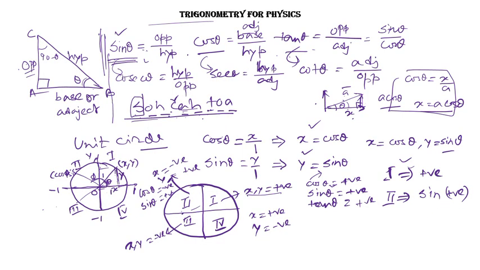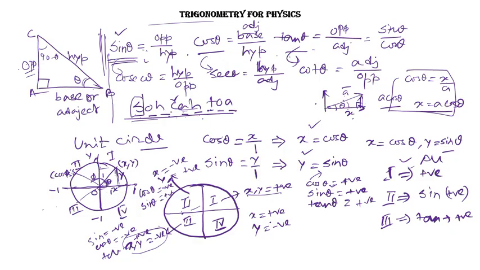Now come to the third coordinate. You can apply the same logic. Here x and y both are negative. That means sin is negative, cos is negative, so tan will be negative by negative, which is positive. So in the third coordinate, tan is positive. In the first coordinate, all are positive.